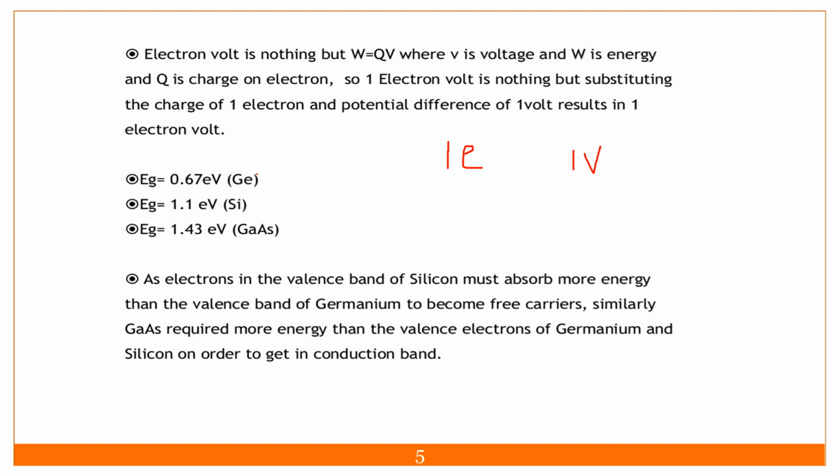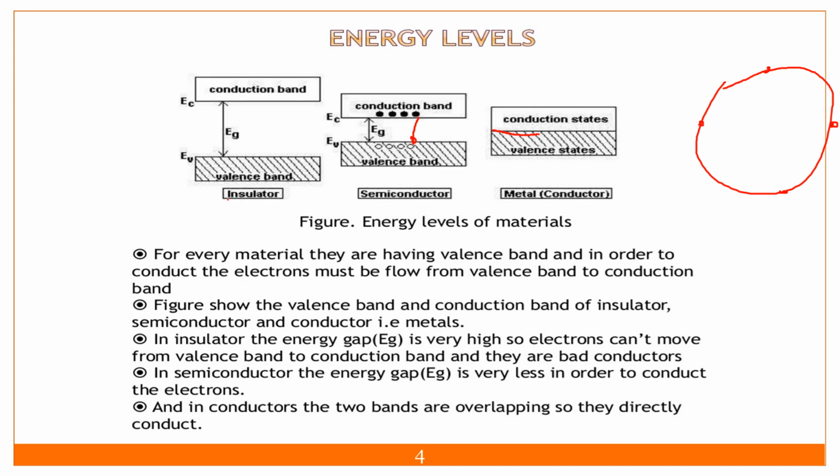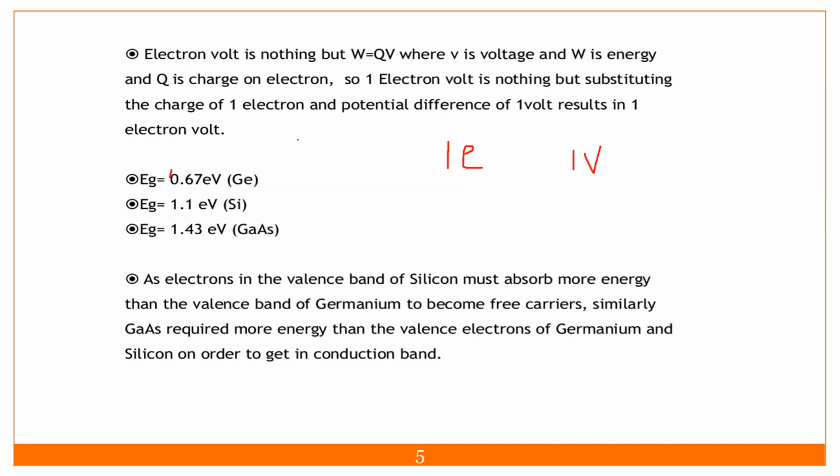If the band gap is small, it requires less energy to transfer an electron from the valence band to the conduction band, and if the band gap is larger, it requires more energy. So germanium requires less energy, 0.67 eV, to carry my electron from the valence band to the conduction band.